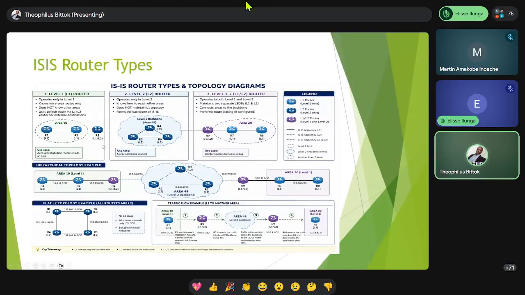So the overload bit only affects the transit. Basically, it's telling them, do not use me when you are going to other areas. But for routes that are destined to me, just send it to me, and then when I restart, you are going to experience something like a black hole during the time that I'm restarting.